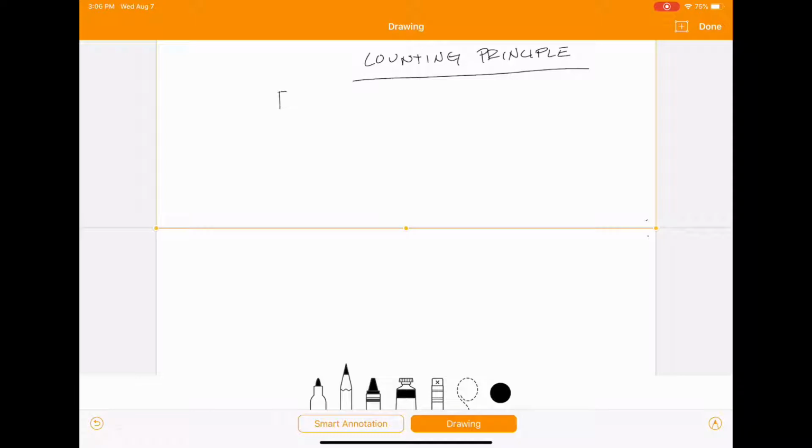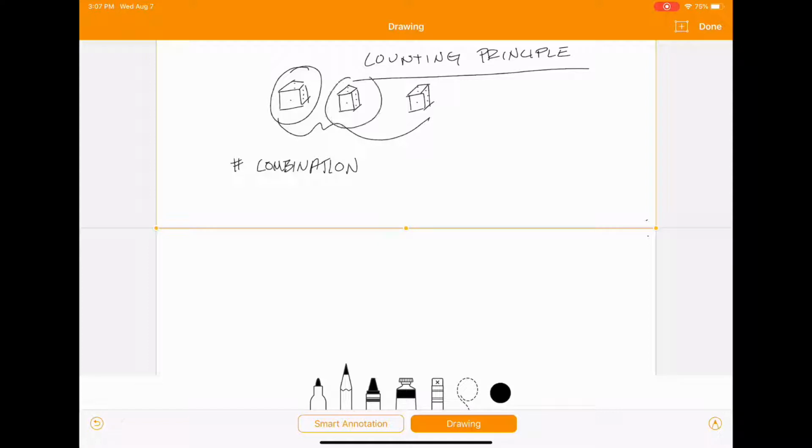So for example, if you've got three different dice, and you want to know how many different combinations there are that you could roll, you're going to go ahead and just multiply together the different total number of outcomes for each dice.